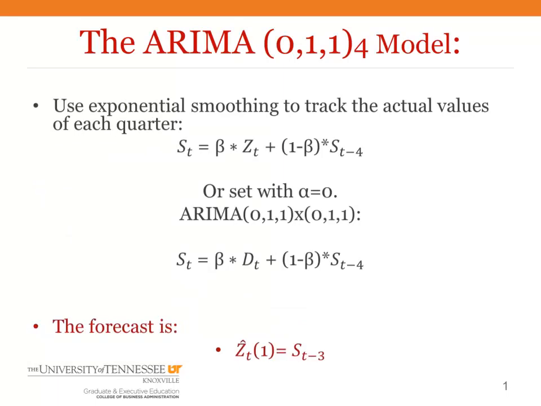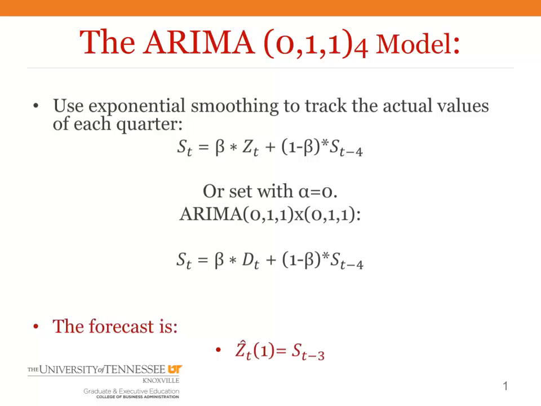So to state mathematically real quickly what we're doing, the formula on the top would be how you would ordinarily see the ARIMA(0,1,4) model, and it just says you smooth your data by going back 4 periods. You use last year's smooth value and this year's observed value to update your exponential smoothing.